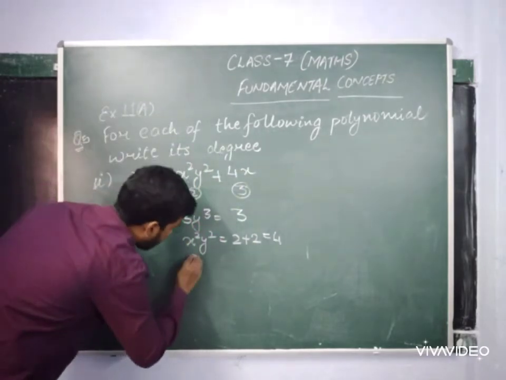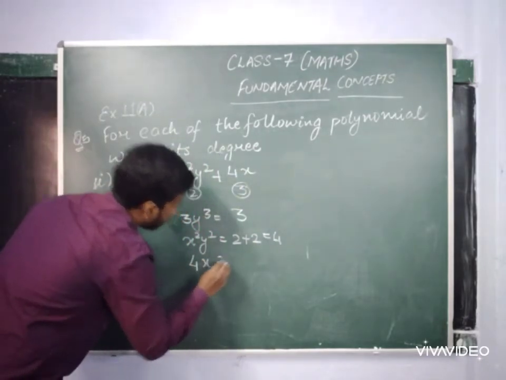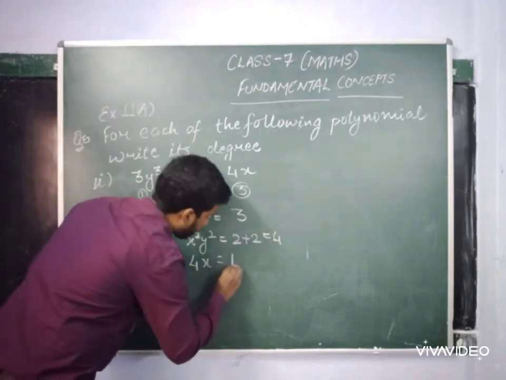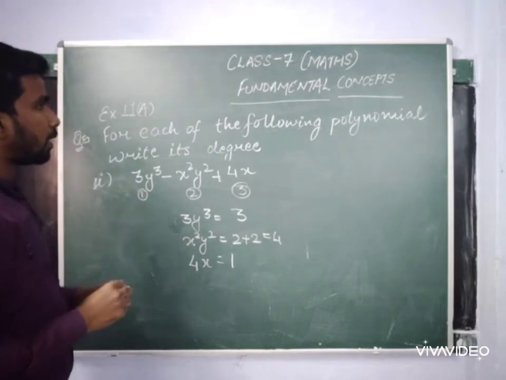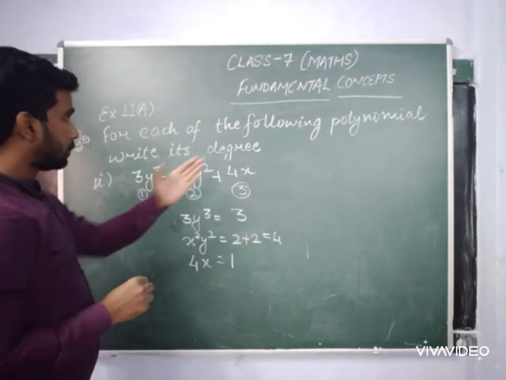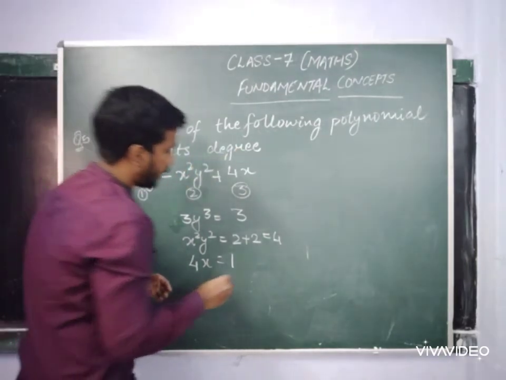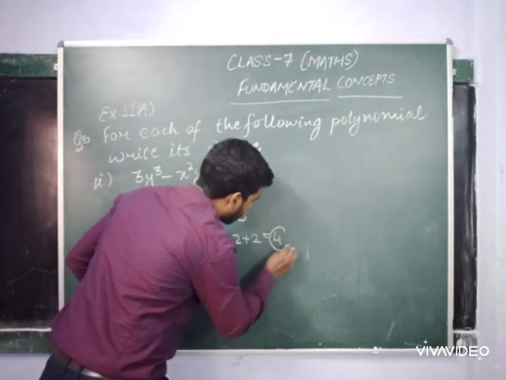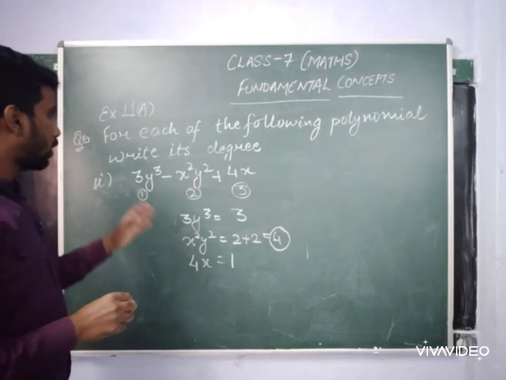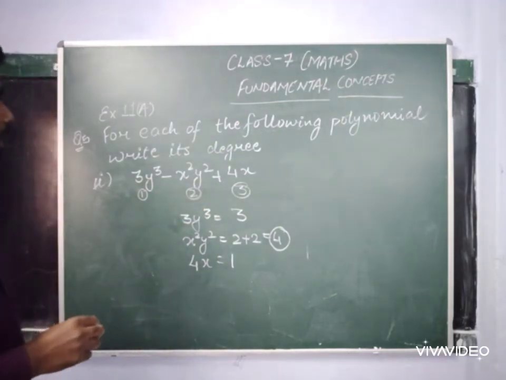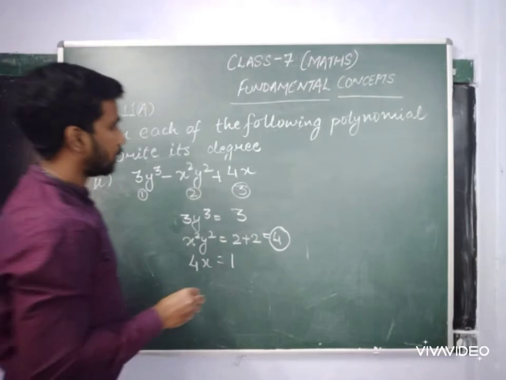Clear? And in the third case 4x, there is no exponent, so 1 will be the degree of this term. So in order to find the degree of this polynomial, we will take the highest degree among the single terms, which will be the degree of the whole polynomial expression. Clear?